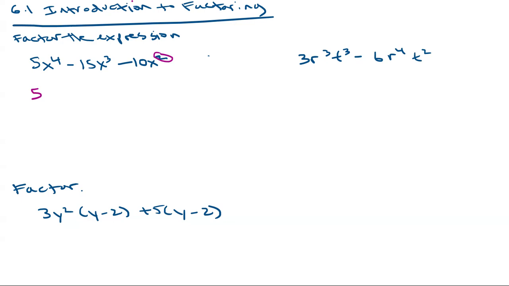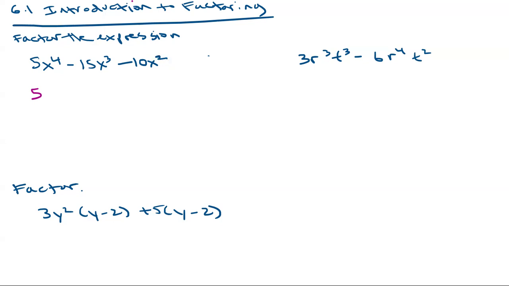The reason is, if you have x to the third, you don't have enough for x squared, and also for x to the fourth, you wouldn't have enough for x squared. So one of the tricks is to look for the lowest exponent, and then that would be, in regards to the variable term, the greatest common factor.